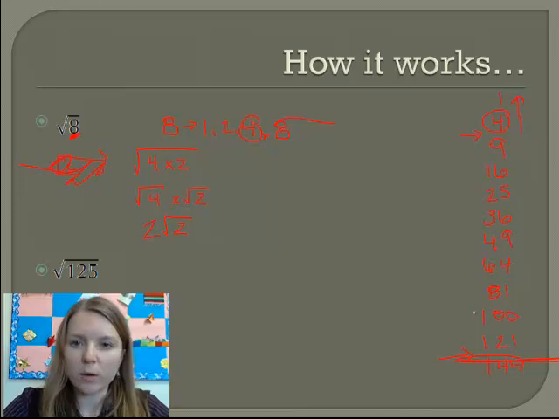So then you work your way backwards, and you find the biggest one that's a factor of 125. 121? Absolutely not. Not a factor of 125. 100? Nope. 81? Nope. 64? Nope. 49? Nope. 36? Nope. 25? Ah, yes. 25 is a factor of 125.